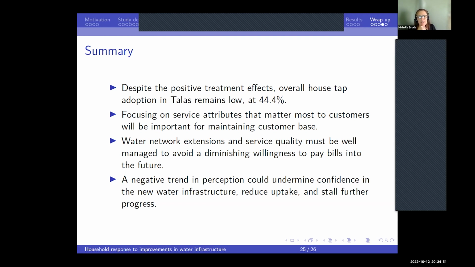A policy implication is that the water utility companies maybe need to think about their customers in more nuanced ways, and focus on service attributes that matter most to them.